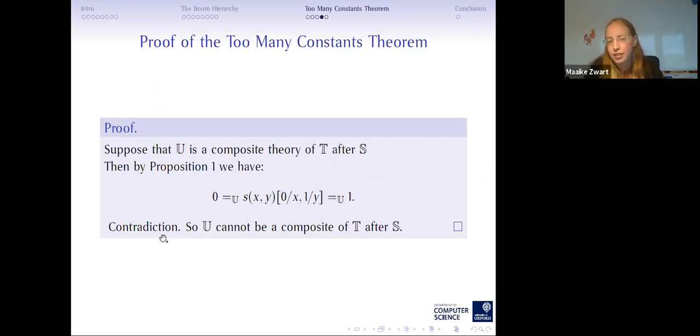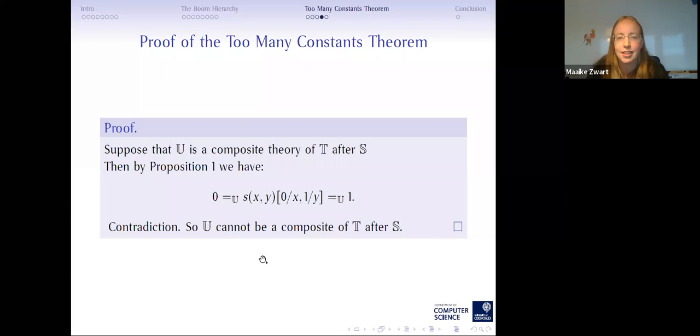The exact reason why that immediately leads to a contradiction has to do with some technical properties of composite theories. I think we can all agree that if I can prove that 0 is equal to 1, something must be wrong. And therefore, there cannot be a composite theory of T after S. So if you have these simple properties and two or more constants, then there's no composite theory.